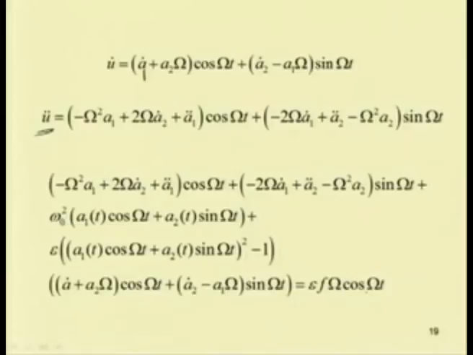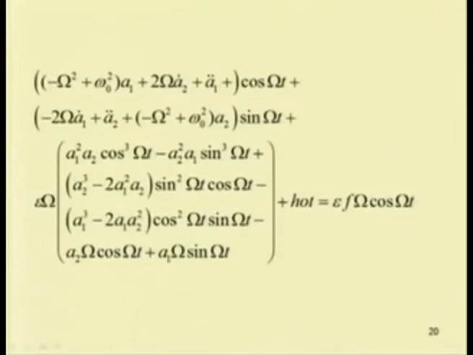Now one can arrange these terms and write the equation in this form. Arranging the terms with cos omega t, this is the term with cos omega t and there are some other terms also. This term also contains cos omega t, and multiplied by minus 1 this is also cos omega t.